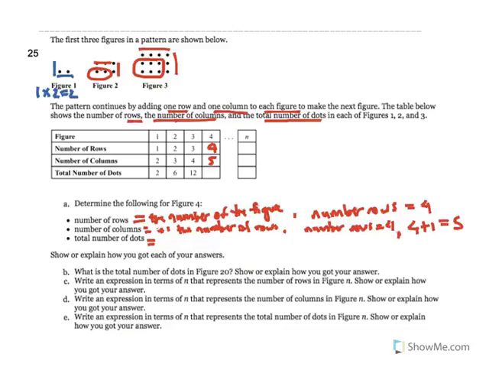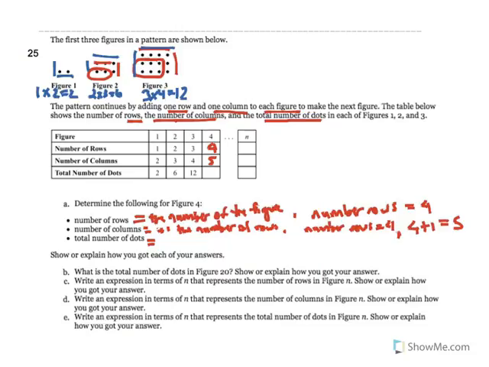In the second figure, the number of rows is 2, and the number of columns is 3. 2 times 3 gives us 6 dots, which matches the table. In the third figure, we have 3 rows and 4 columns, giving us 12 dots total, which the figure matches.